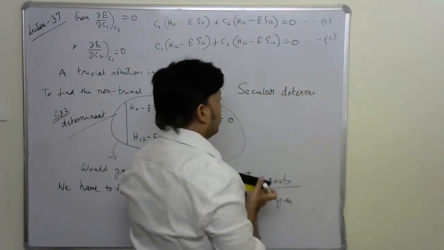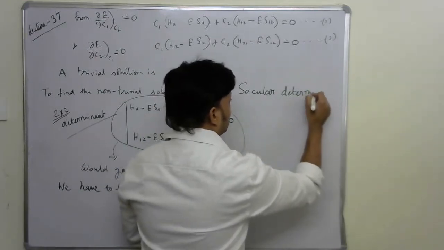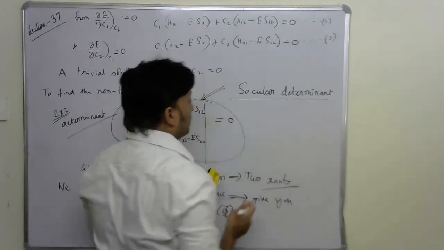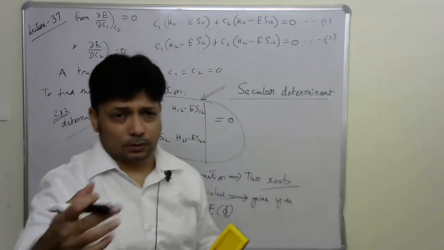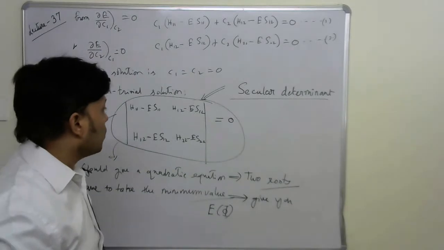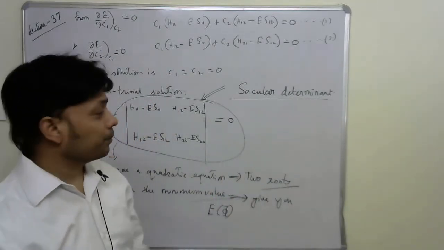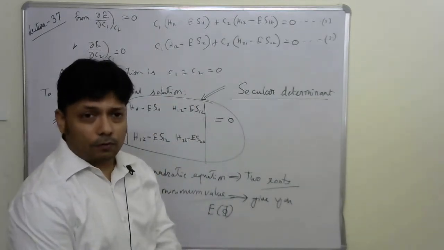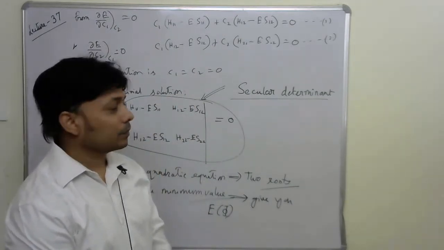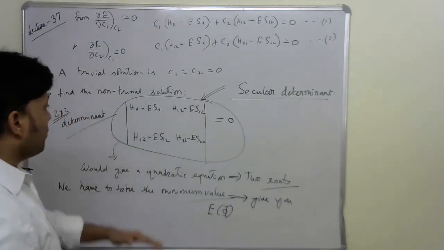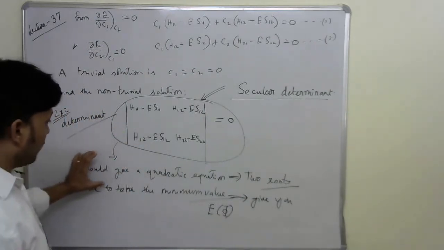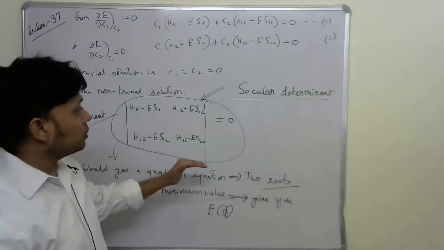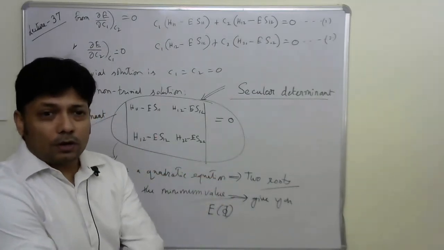From now on, as we go across into the other chapters like atoms and subsequent quantum mechanical chapters in future, we will come across this secular determinant term very frequently. And from the secular determinant, once we have the quadratic equation, that quadratic equation is also called the secular equation.